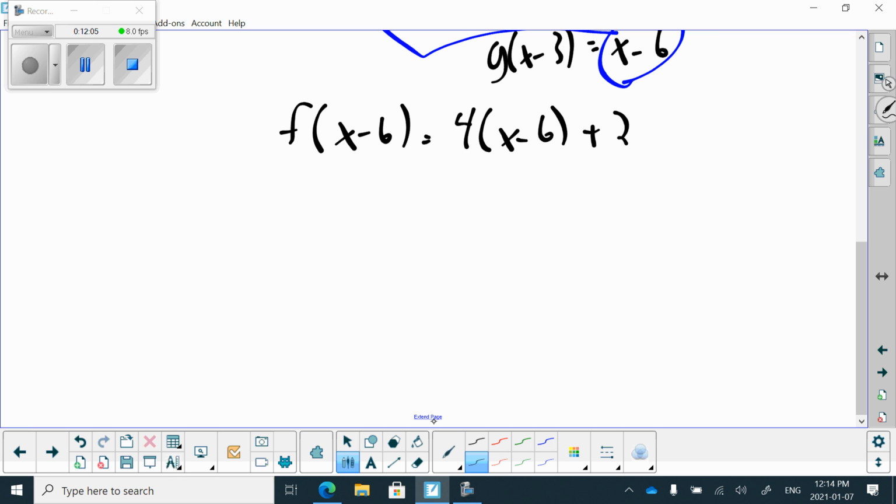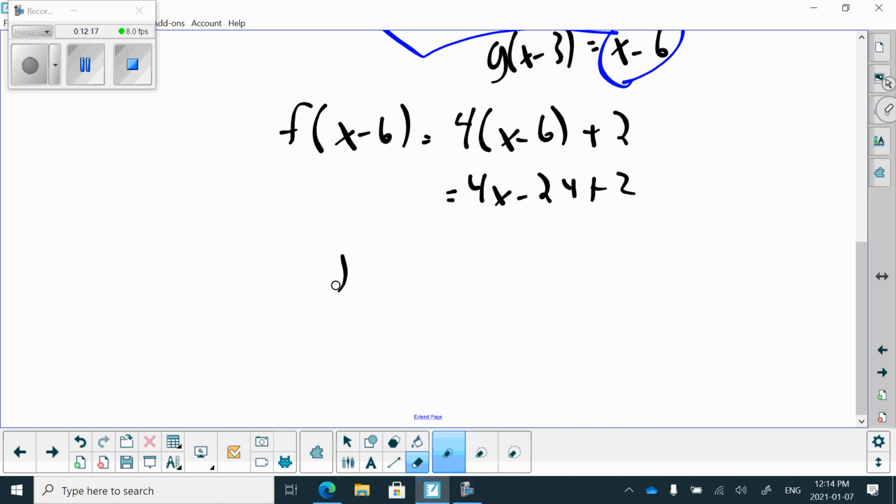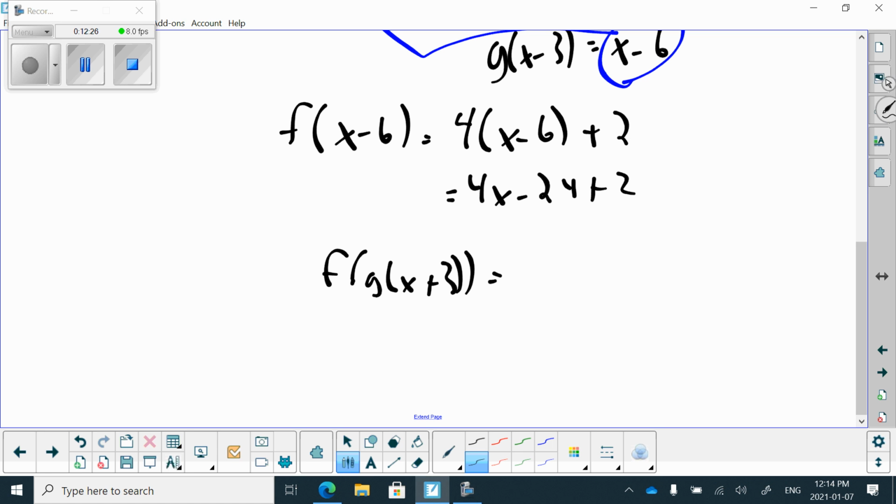And then math. So it would be 4x minus 24 plus 2. Yep. So g, I'm sorry, not that. f of g of x plus 3 is going to equal 4x minus 24.